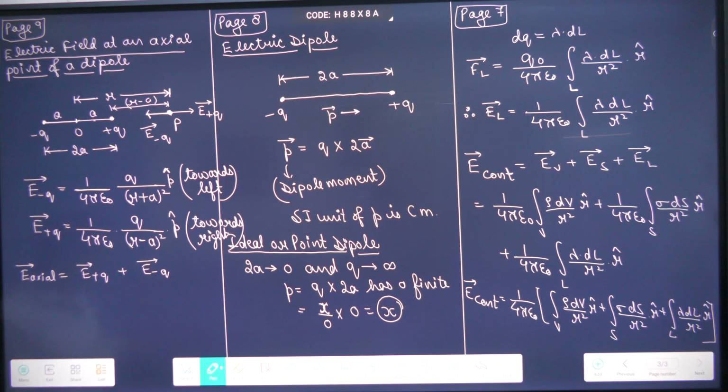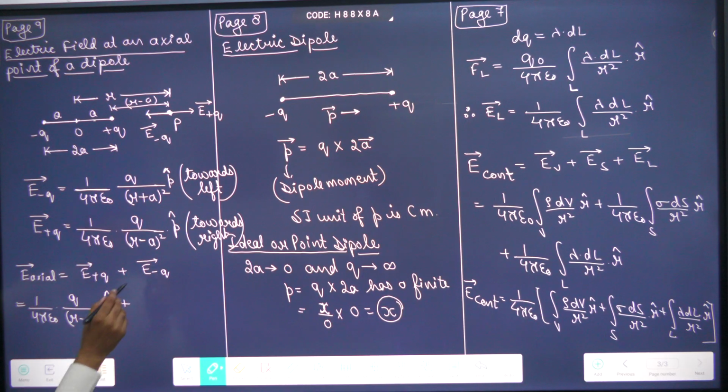When we add two vectors, we require the unit vector also. Now what is E plus Q? It is 1 upon 4 pi epsilon naught Q upon r minus a whole square p cap.